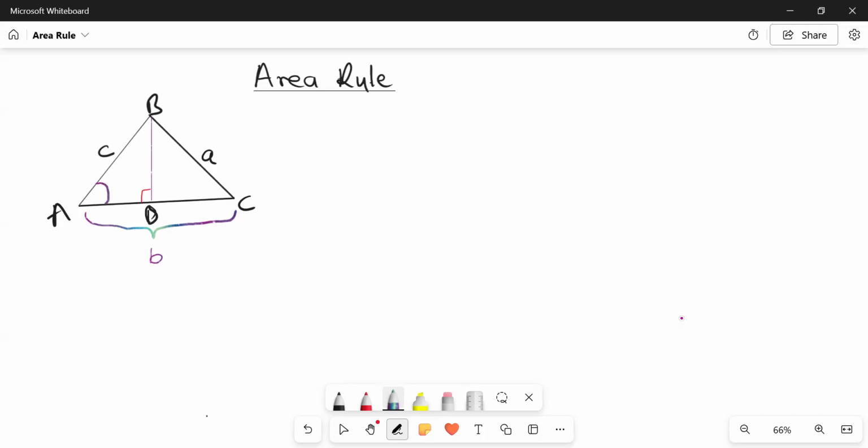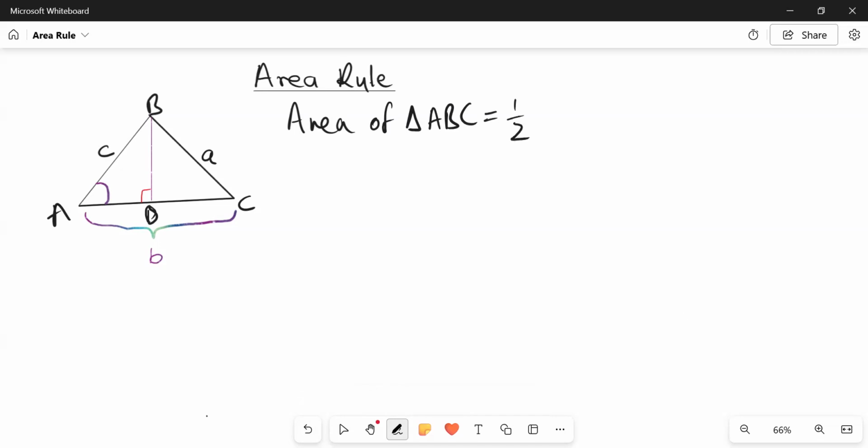Now we're trying to prove the area rule. But we all know the formula of the area of a triangle ABC, given as half base times perpendicular height, right?